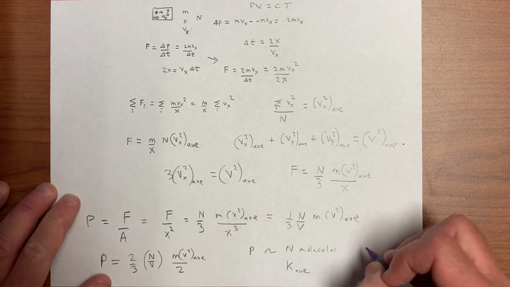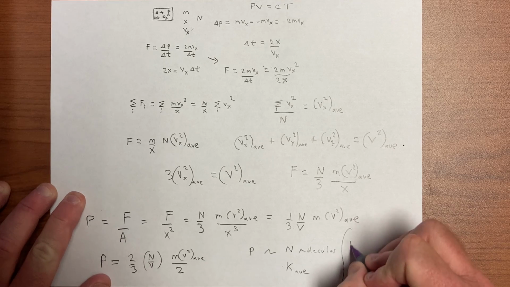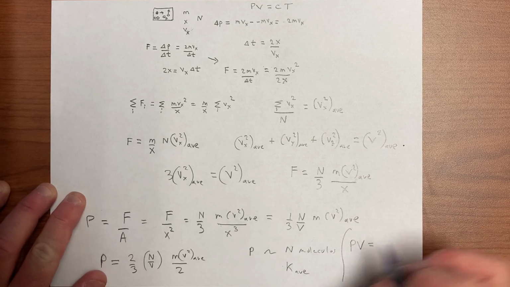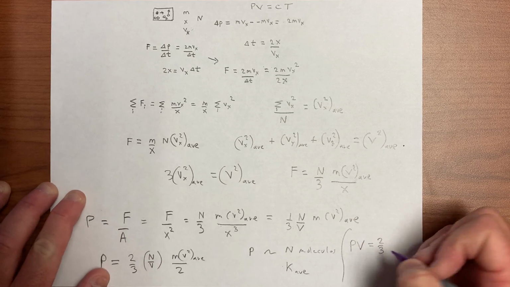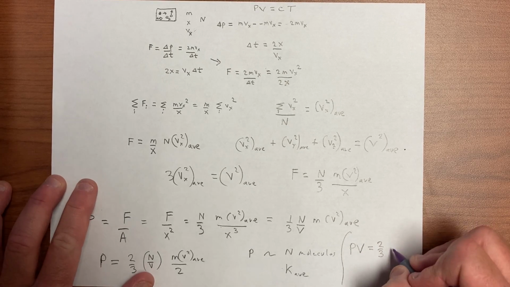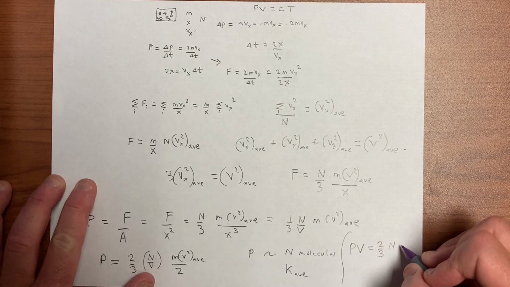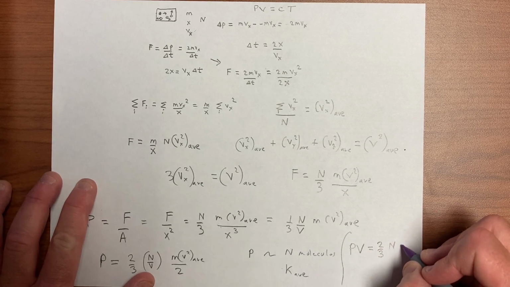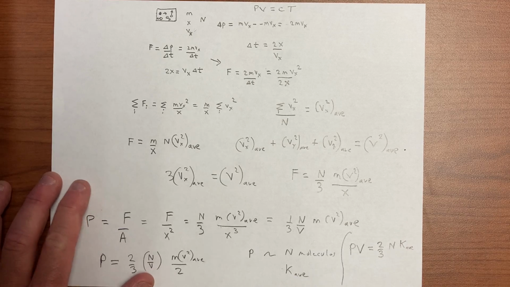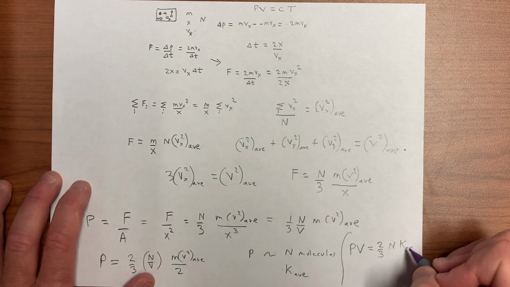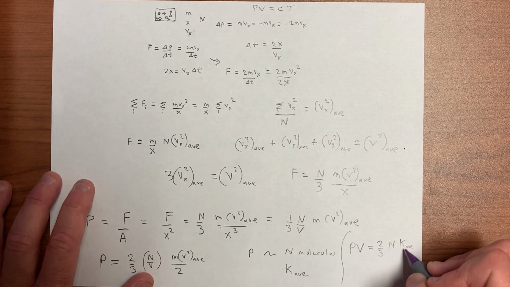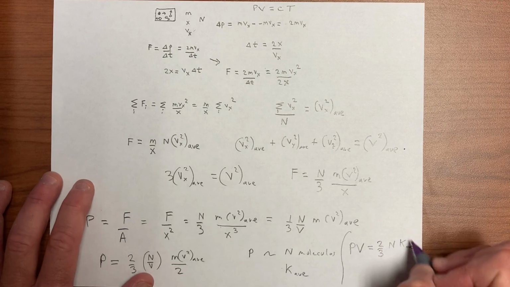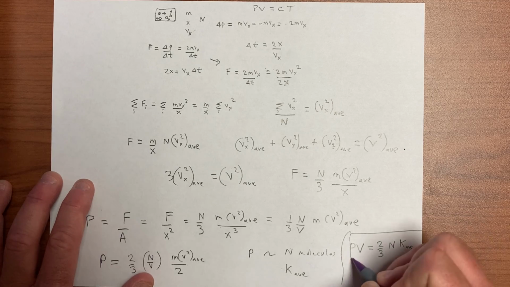So let's conclude here: P times V is equal to 2/3 N times this K average. This average kinetic energy needs to be something that's proportional to the temperature. We conclude that kind of a thing.